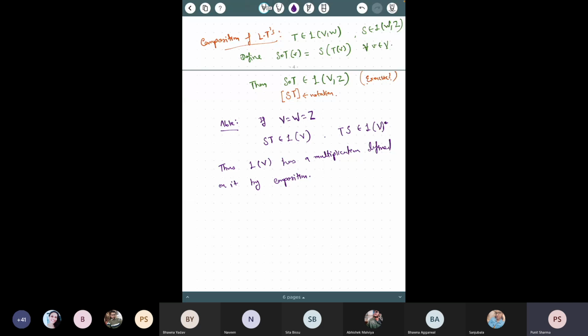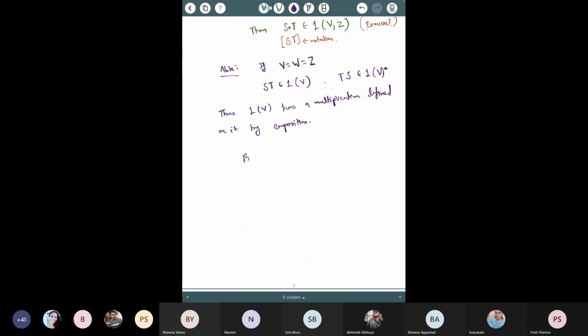Now in general, we expect that the multiplication of S and T, and of T and S, should be the same, right? This is what we expect, but in general, for linear transformations, TS is not equal to ST. Why is it so? We can show this by an example.